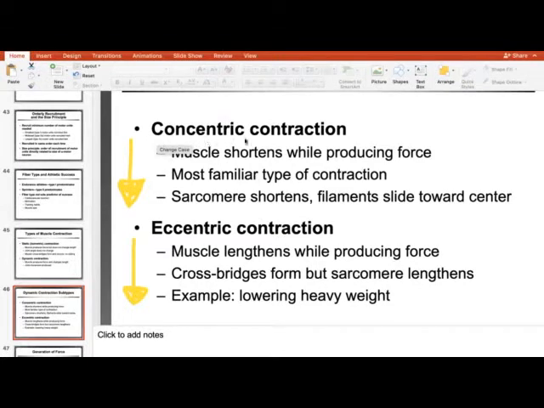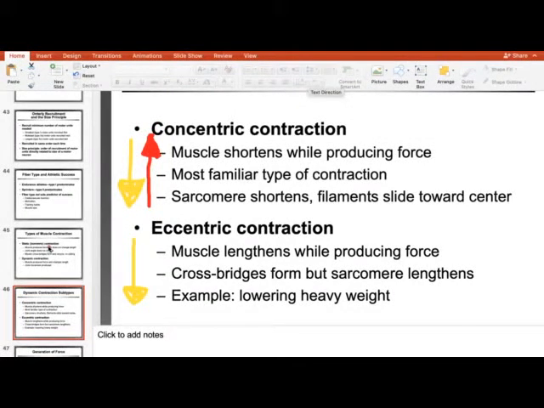With a concentric contraction, you're usually lifting a weight. You're countering gravity. Gravity is pulling the weight down, but your arm is pulling the weight up. And what you're doing when you do a concentric muscle contraction is overcoming the pull of gravity.